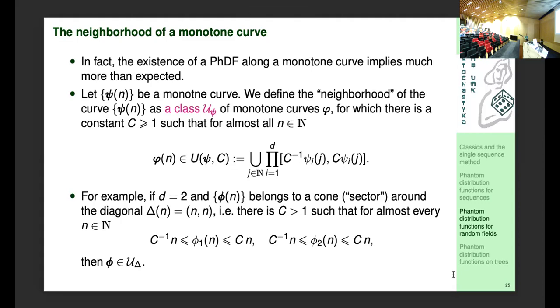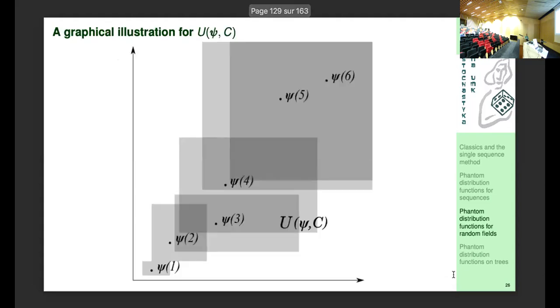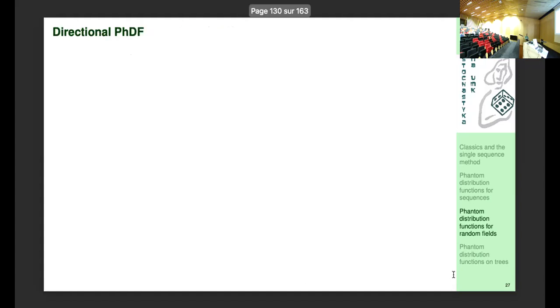But of course, there are more than only such curves here. We have such a picture. So these are the points, and they are corresponding spaces to which curves, monotone curves from the neighborhood, have to take part.